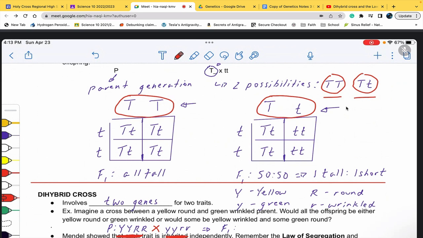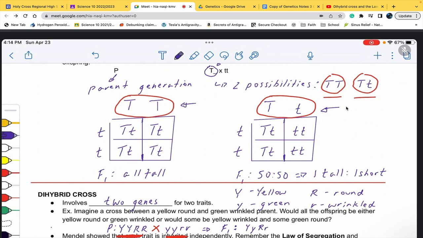F1 generation isn't too hard. It's a mixture of both. So you're going to end up with the following for F1. Yellow, green, round, wrinkled.